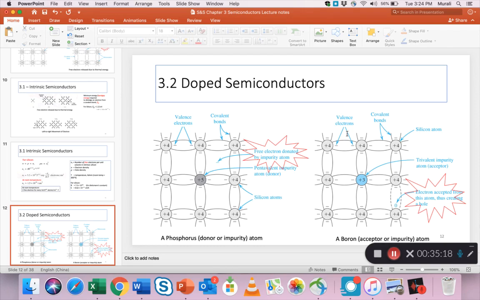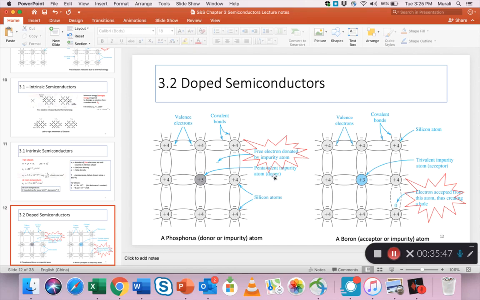Okay, now we move to doped semiconductors, and this is topic number 3.2 in the chapter. So what are we doing when we say we are doping? When we say doping, we are bringing in one of two types of material into the atomic structure of a molecule of silicon.